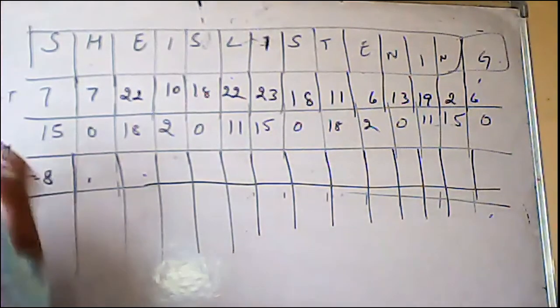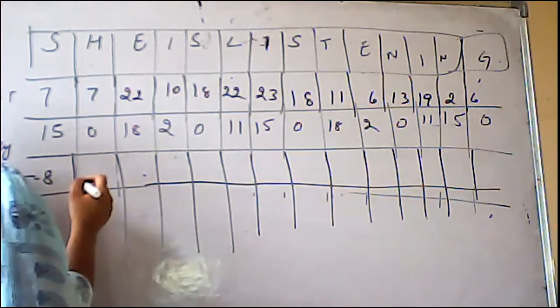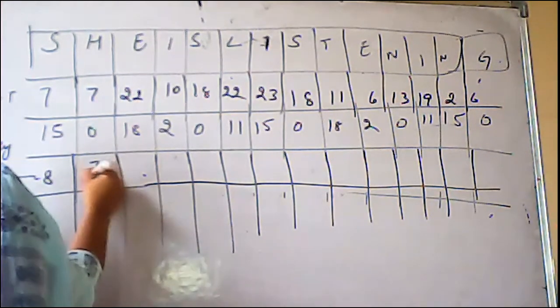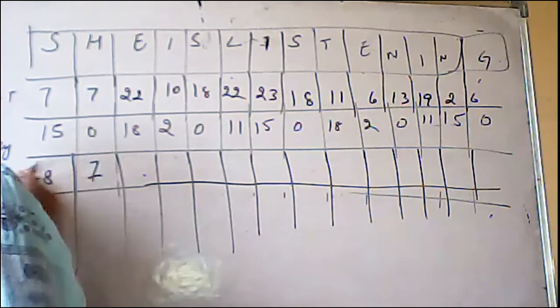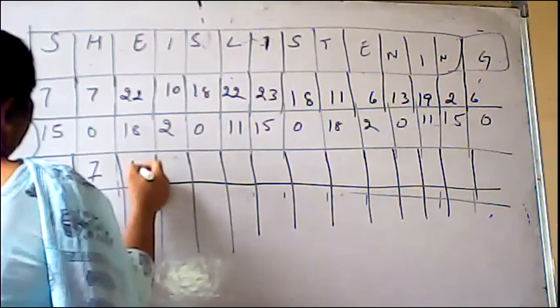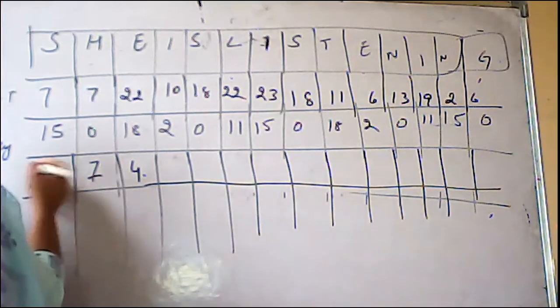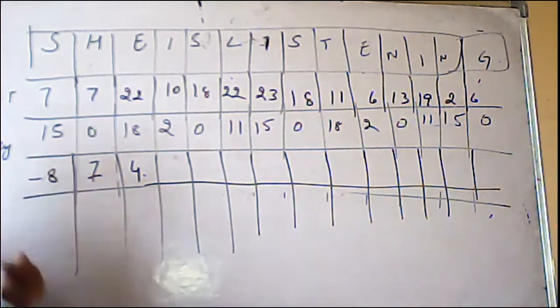You will get minus 8 here. Then you will get 7 minus 0 is 7. 15 minus 7 is 8. 7 minus 0 is 7. 7 minus 15 is minus 8.